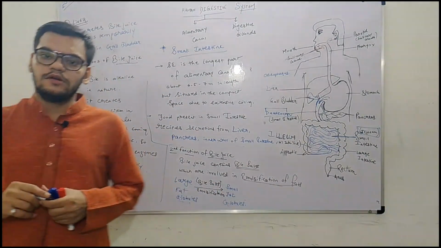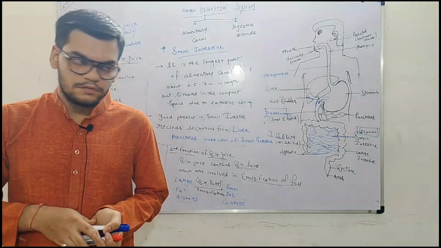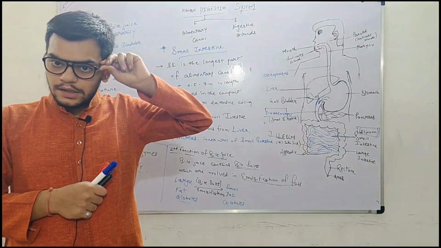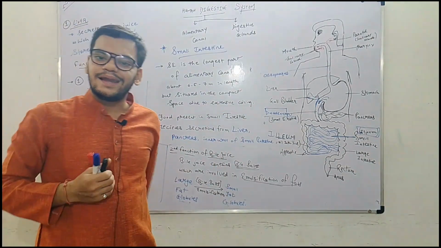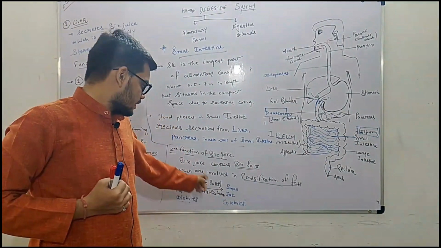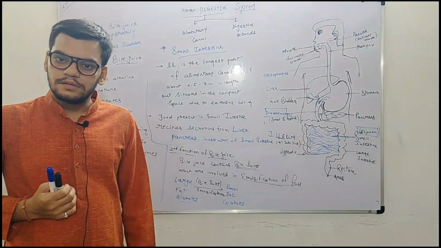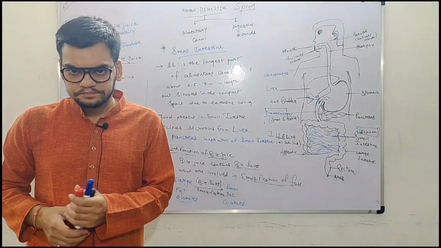So that is the function of bile. First, it will convert acidic food coming from stomach into alkaline and creates alkaline condition in small intestine. Second, it will perform emulsification of fats, that is breakdown of fats.